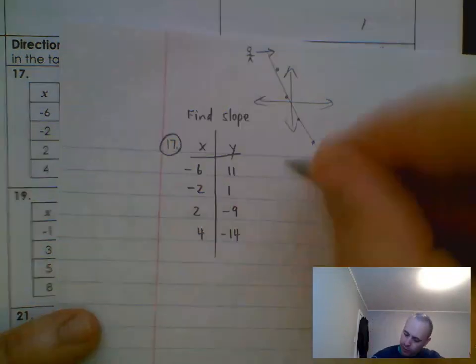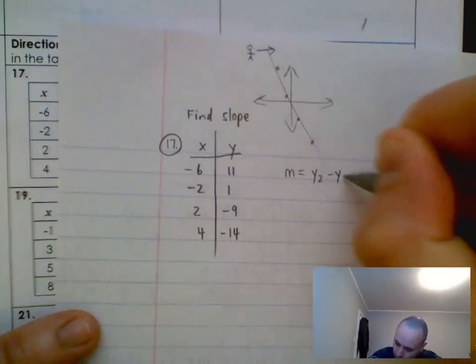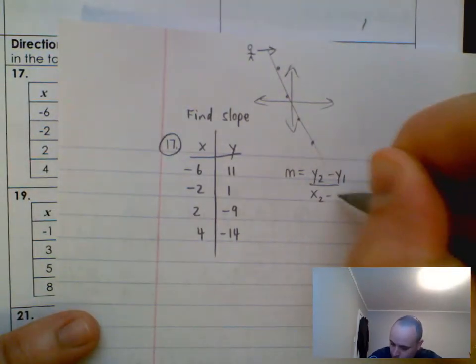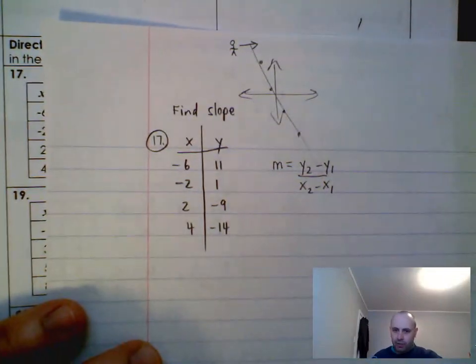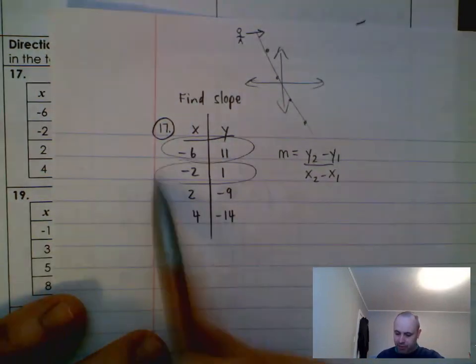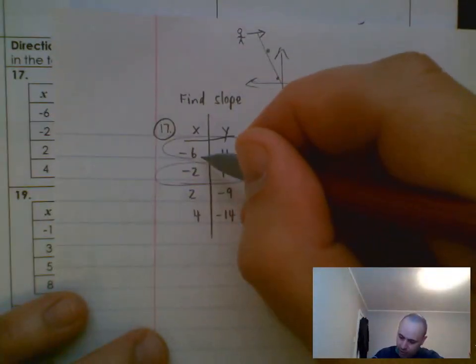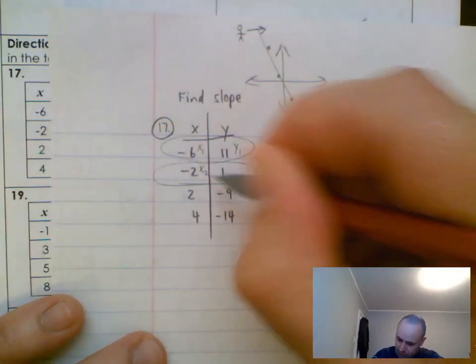So we're going to take our formula, and I'm going to take any two of these sets of points I want. I'm just going to work off the first two. I'm going to call this x1 and y1, and this x2 and y2.